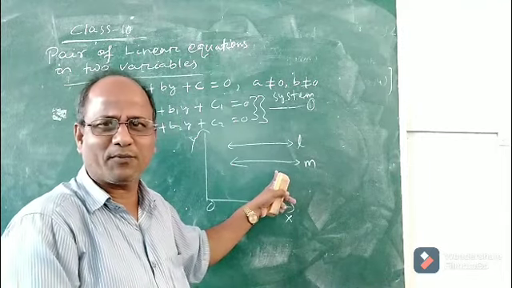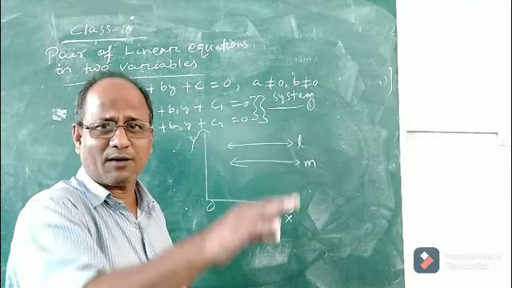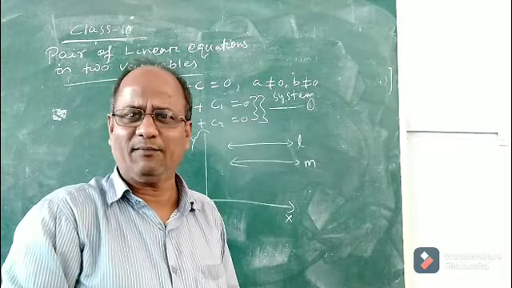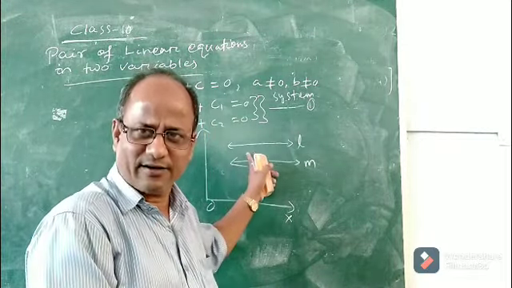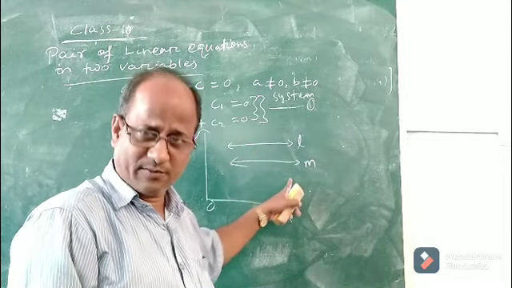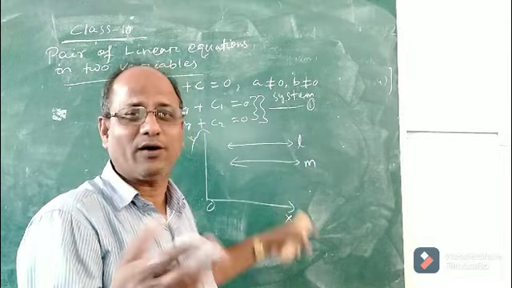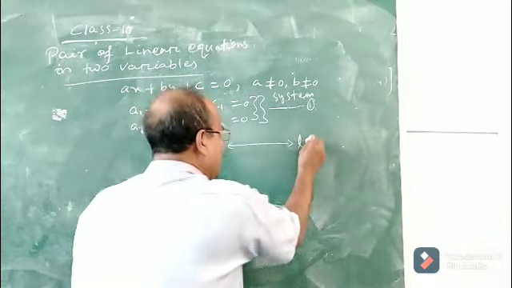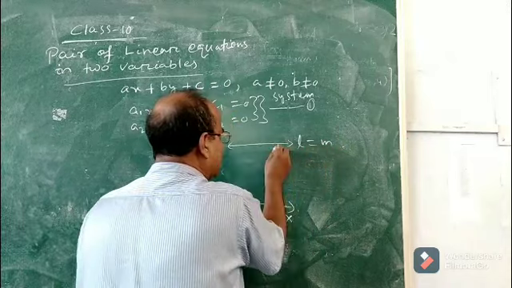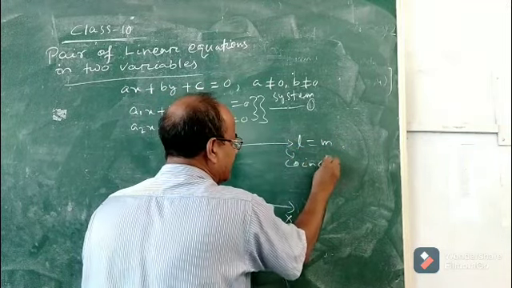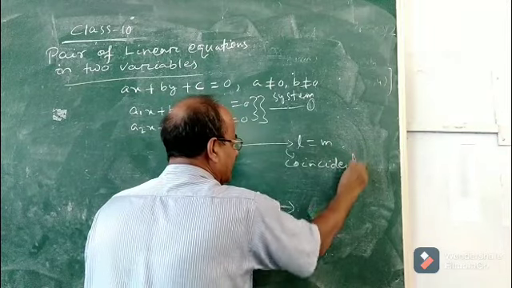Okay, what may be the third possibility? There are three relations between any two lines in a plane. Either the two lines are intersecting, as I told you in the first case. In the second case, the two lines may be parallel. And in the third case, the two lines may be equal, coincident. L and M are called coincident lines.